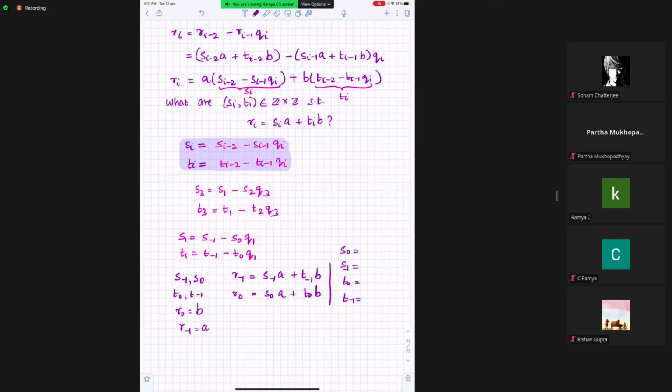S minus 1 will be 1 and T minus 1 will be 0.